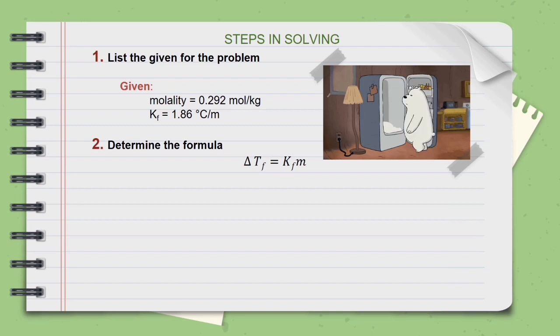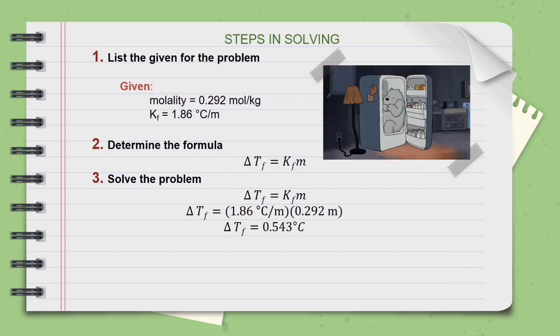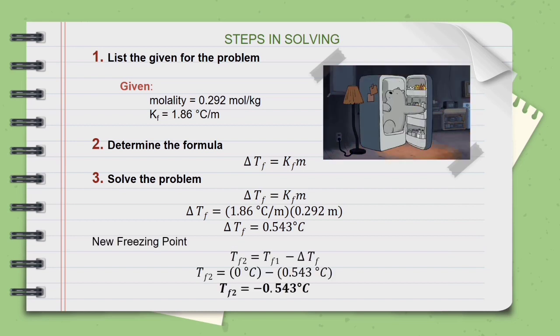And since there is nothing needed to be converted, we'll solve the problem directly. So using the formula, delta Tf is equal to 1.86 degrees Celsius per molal times 0.292 molal, which would be equal to 0.543 degrees Celsius. So the new freezing point of the given sweet water is negative 0.543 degrees Celsius.